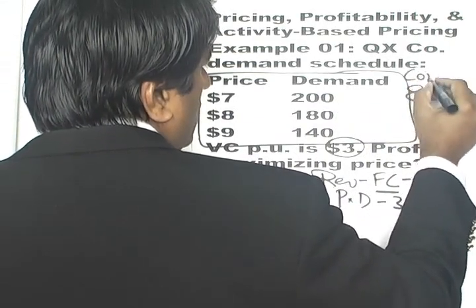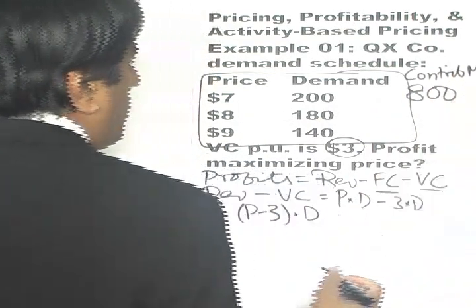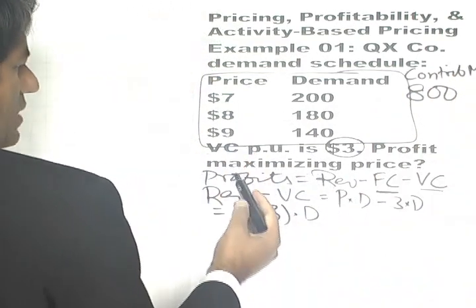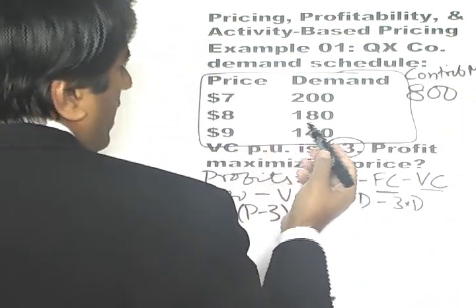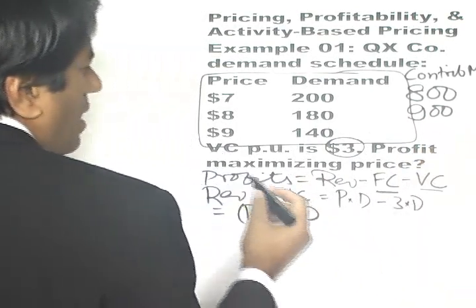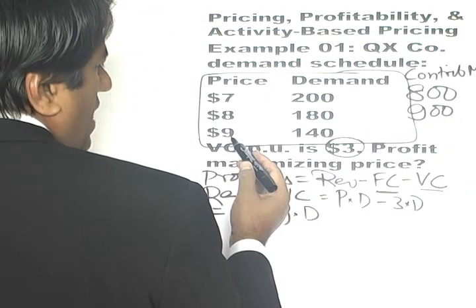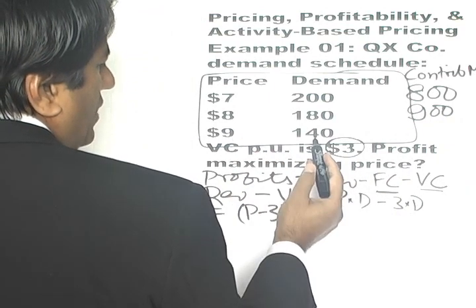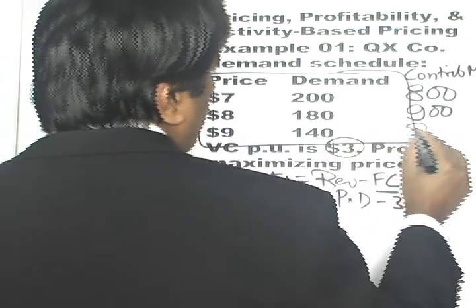So this is the contribution margin. 8 minus 3 is 5 into 180 is 900. 9 minus 3 is 6 into 140 is 840.